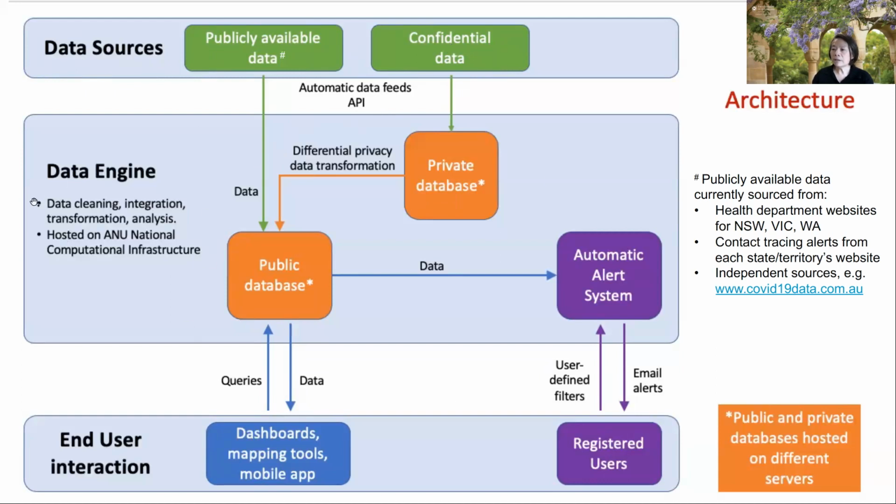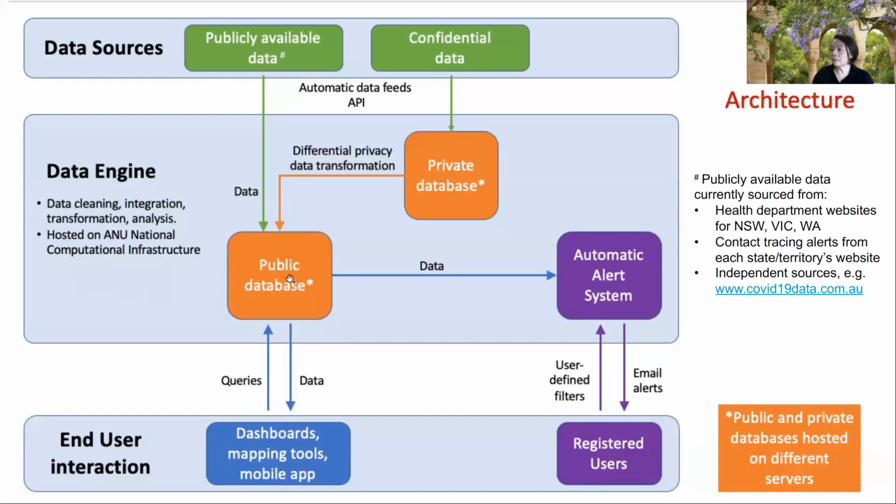And so in the data engine, the data are cleaned, integrated, transformed, harmonized, analyzed, etc. And currently it's hosted on the ANU National Computational Infrastructure. So I was based at ANU for the last 5 years before I moved to UQ in January. So this project started while I was at ANU, and that's why it's hosted there.